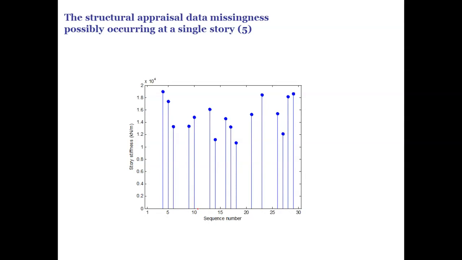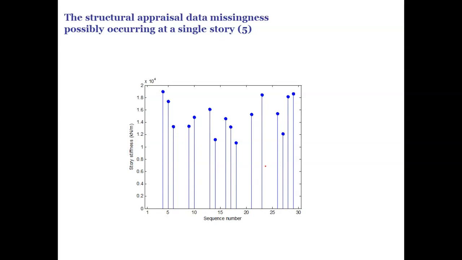If at a certain place, like the 11th observation, there is no data point plotted, that means a data missingness event occurred at this place. So we end up with this kind of incomplete appraisal data.